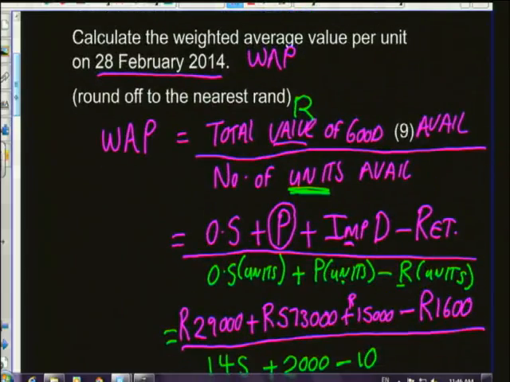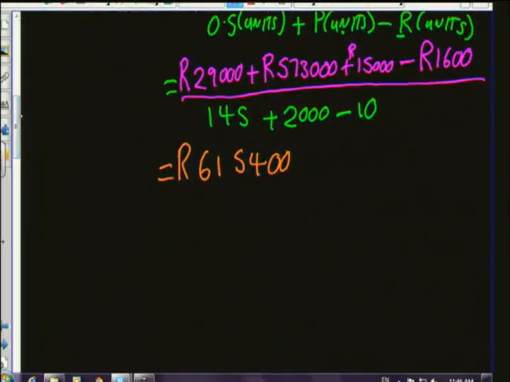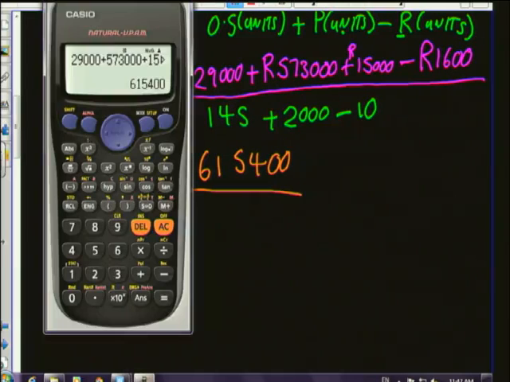So that's giving me the total value of goods available. Okay, remember, total value of goods available. Right, let's look at the bottom calculation. 145 plus 2,000 minus 10. Quite a straightforward calculation, guys. Okay, but again, I'm going to just quickly get the calculator out.